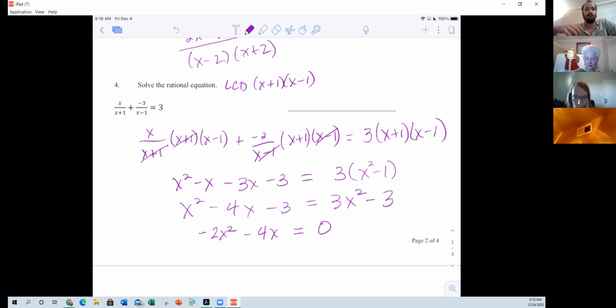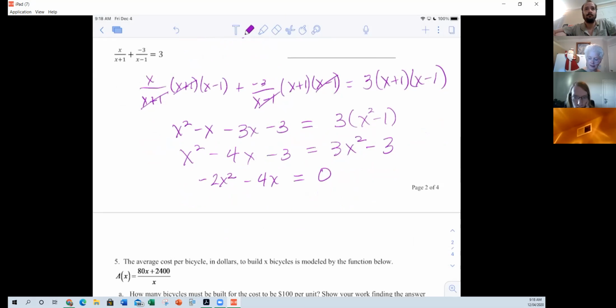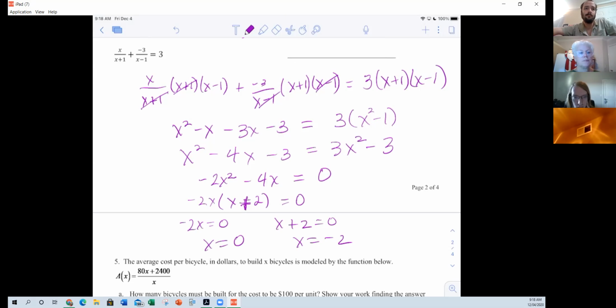And now to solve this, factor out a negative 2 and an x, leaving x plus 2. And then set those factors equal to 0, and you'd wind up with 0 and negative 2.